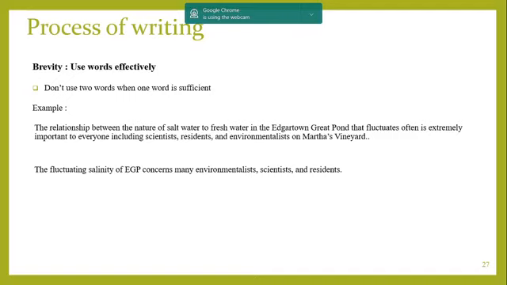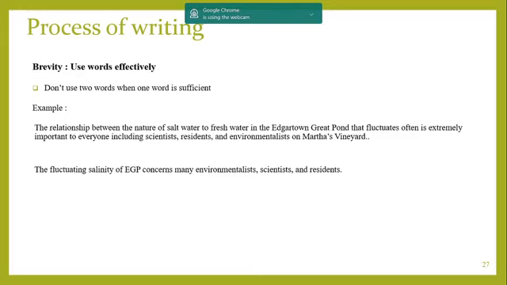Why we are saying this is that when you give information in very lengthy words, it is difficult for a reader to follow along. When you have short words and short sentences, they can understand very quickly.